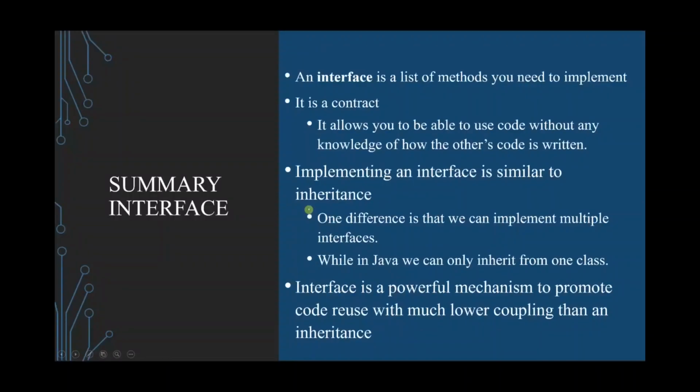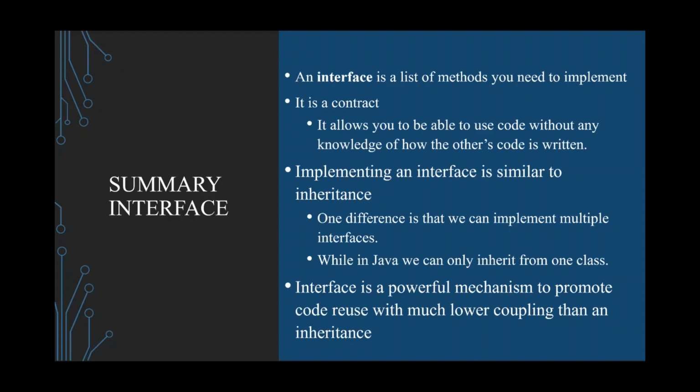Okay, so the summary right now of interfaces. An interface is a list of methods you need to implement. You can think of it as some kind of contract. It allows you to write code without any knowledge of others' code and how they're writing their code. Implementing an interface is similar to inheritance.